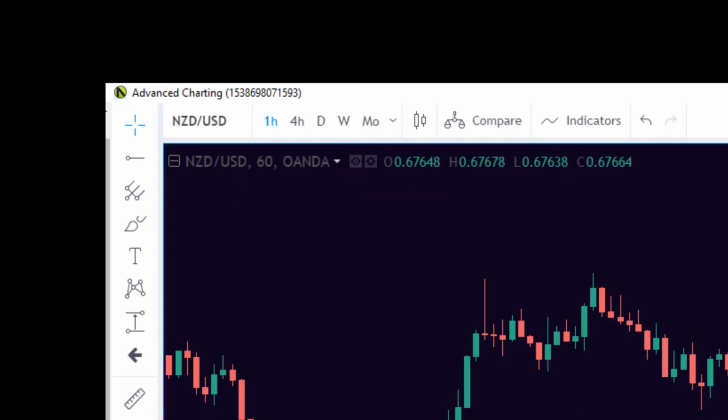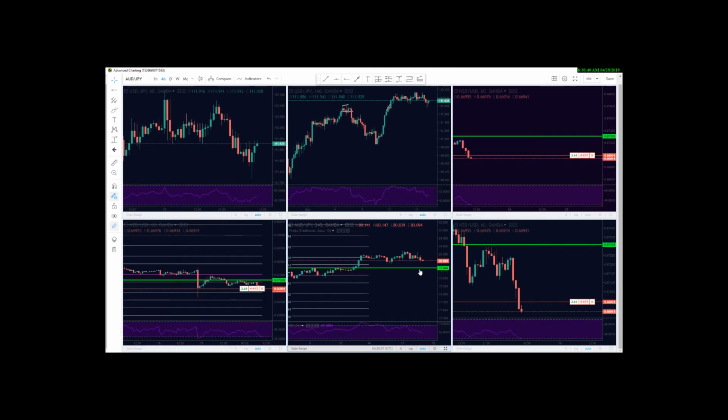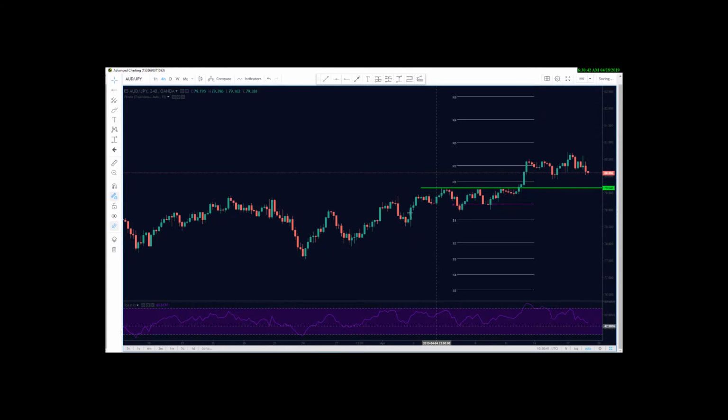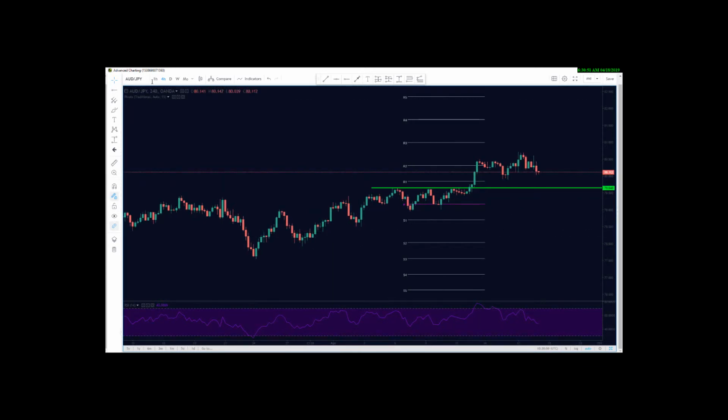Alright, so let's take a look at some other charts and see what's going on in the markets. This is the Aussie yen. This is a 4 hour chart. Let's switch to the 1 hour chart.